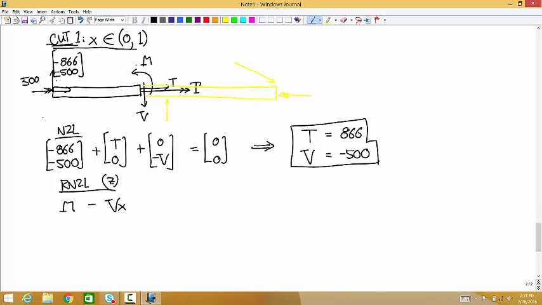So no moment. And then what about the torque T? Nope. So this is it. So M is equal to Vx, and we have a value for V here, so M is equal to negative 500x.